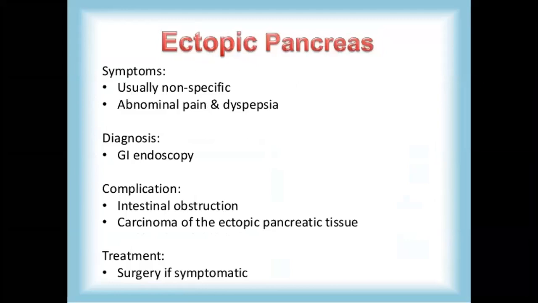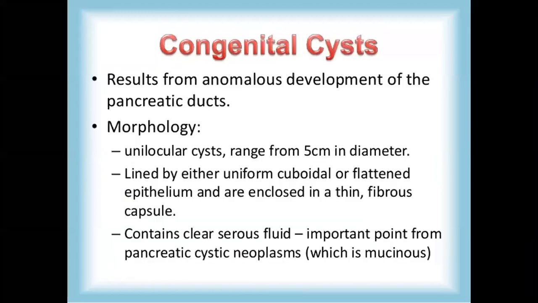Ectopic pancreas has symptoms like usually non-specific abdominal pain and dyspepsia. The diagnosis comes under OGD or upper GI endoscopy. The complications are that it can lead to intestinal obstruction or carcinoma of the ectopic pancreatic tissue. Treatment is surgery if symptomatic, otherwise leave it as it is. And what are the congenital cysts?